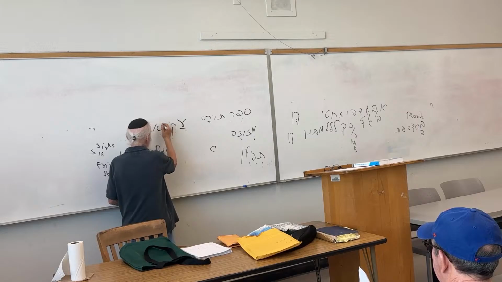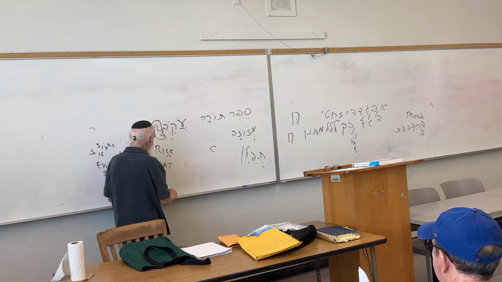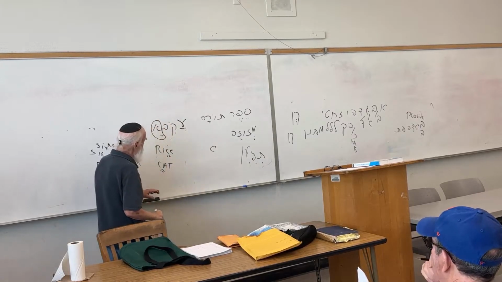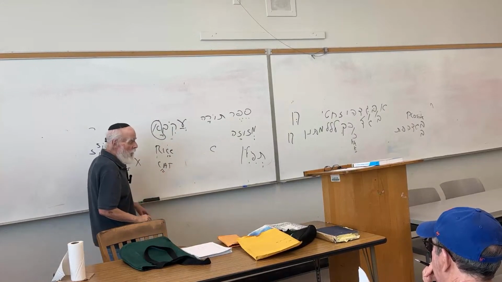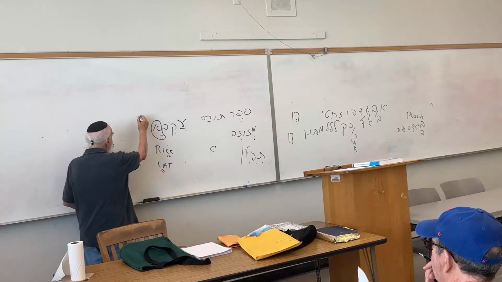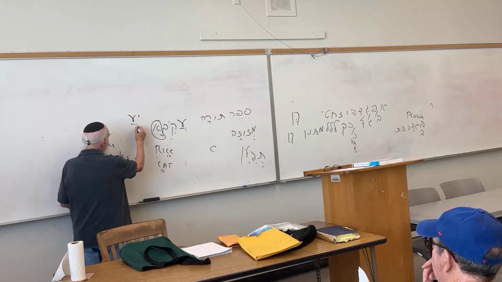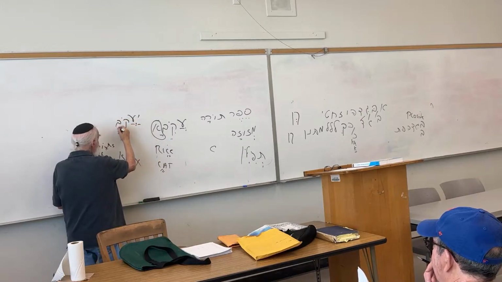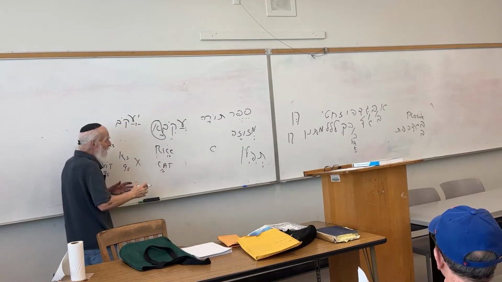You'll learn from me that words which end with a kamatz aleph are Aramaic. Akiva in Hebrew is Yaakov. Jacob, Yaakov. Again, these vowels you don't know yet. Yaakov, in Aramaic, Akiva.